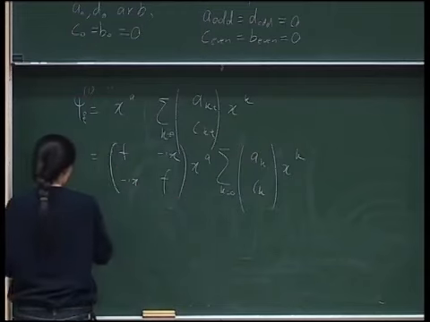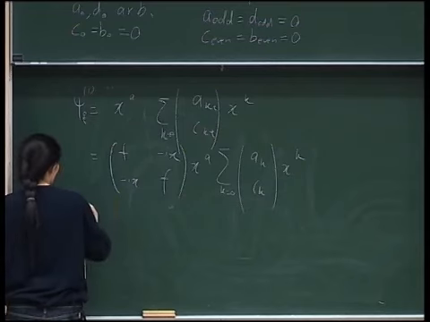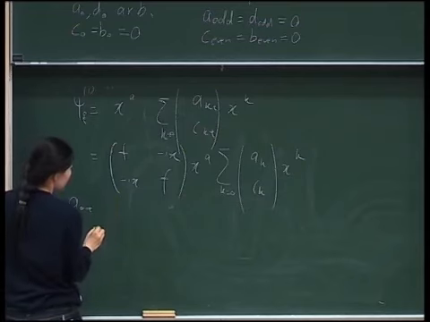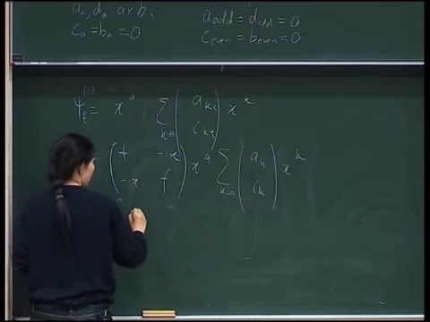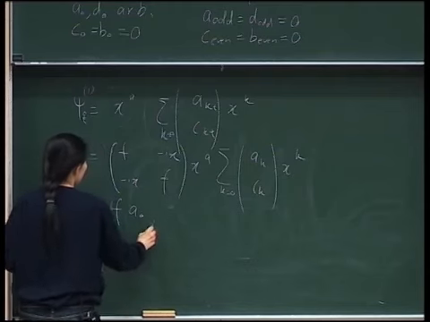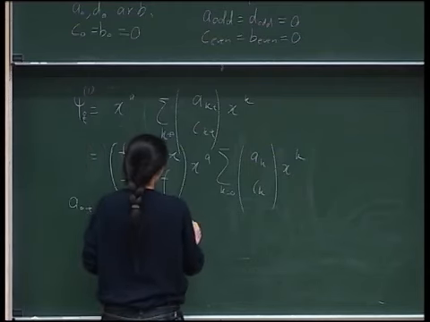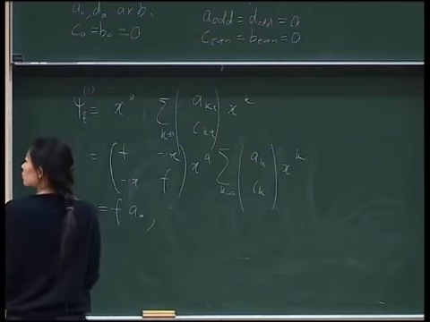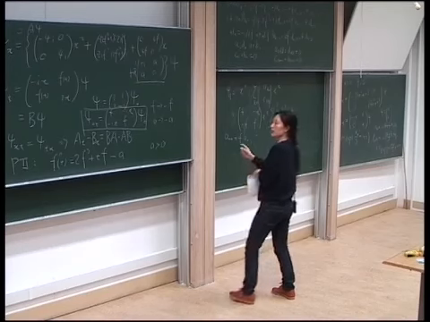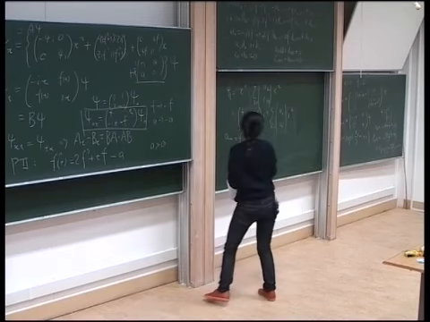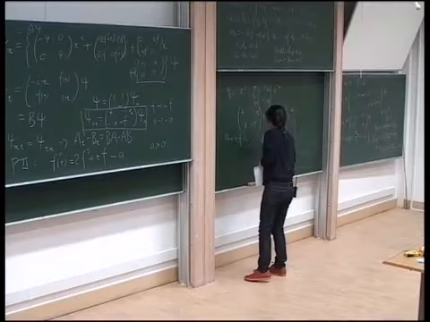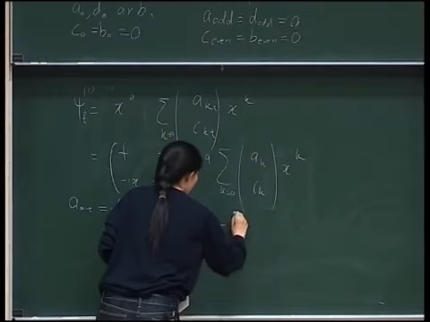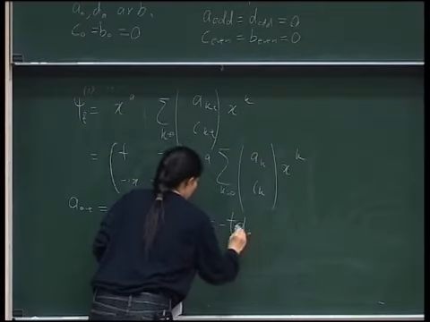So we see that to leading order A naught differentiated with respect to t is equal to f A naught, and d naught t is equal to minus f d naught.